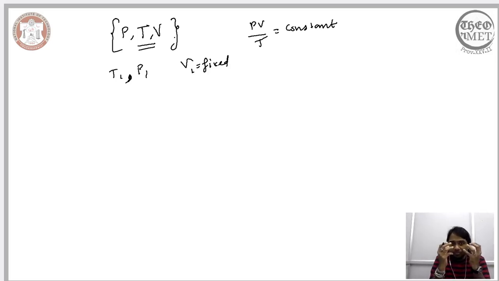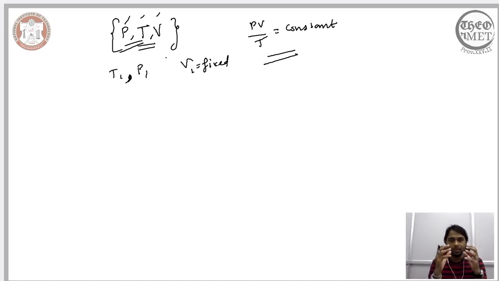We have not fixed the state of the system by fixing each of these variables, but just these two independent variables. The reason we were able to fix the entire state of the system by fixing the independent variables is because there exists a relation that relates all these three variables. So the volume is dependent on these two variables.